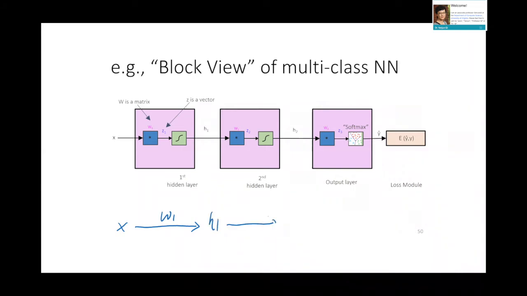And again, here is W2, H2, then here there's a W3, and this is actually a softmax layer. This gives me Y hat, and then I'm not stopping, I add one more, which is some kind of error function. This gives me E. And this E takes as input the Y hat and the Y truth. So this whole pipeline is the forward step.